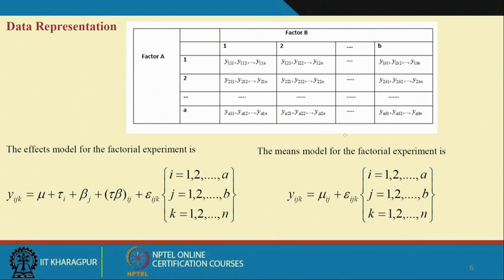Now, I will go from example to generalization with a 2 factor case. The data representation for the 2 factorial case will be factor A with a labels, factor B with b labels, and if there are n replications, then your data set will be like this. And then what will be the statistical model? The statistical model will be something like this.